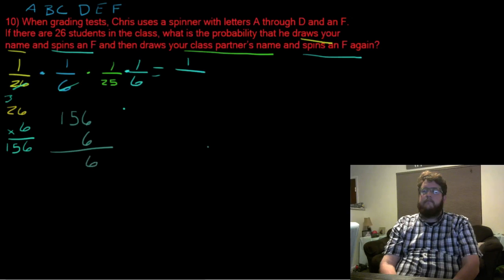6 times 6 is 36. 6 times 5 is 30, plus 3 more is 33. 6 times 1 is 6, plus 3 more is 9. So I've multiplied this number out.